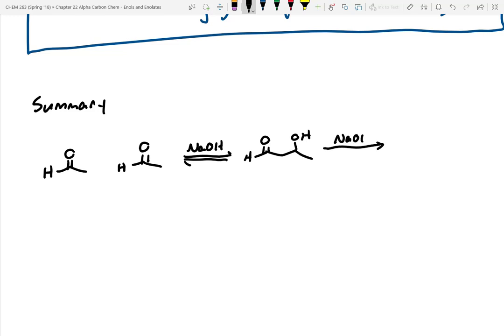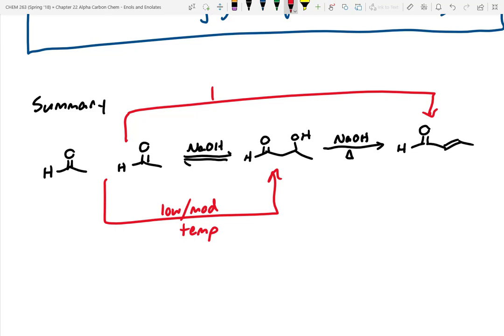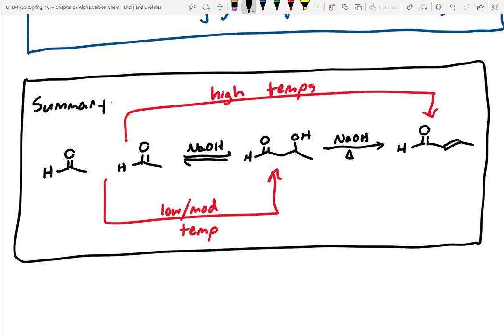And then if you take this with sodium hydroxide and heat, you can make your alpha beta unsaturated aldehyde. Like I said, this step is low or moderate T. However, if you desire to go there, just run it at high temp. Does that make sense?